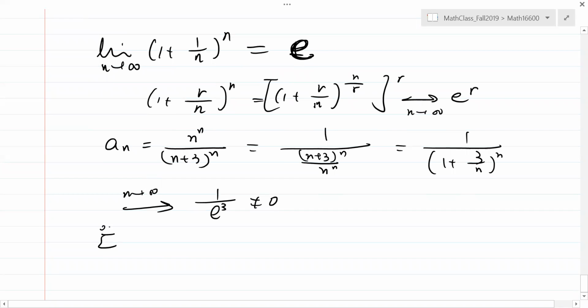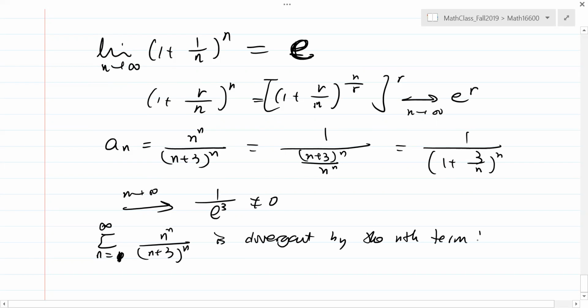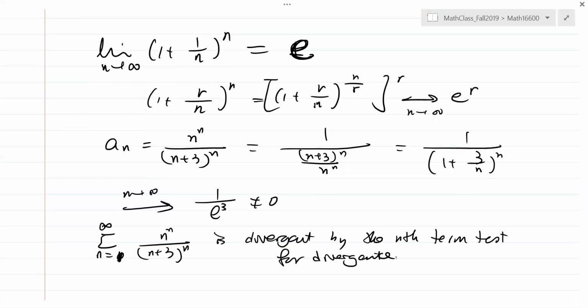So this series is divergent by the nth term test for divergence. The reason I say the nth term test for divergence is that the nth term test can never be used to prove convergence.